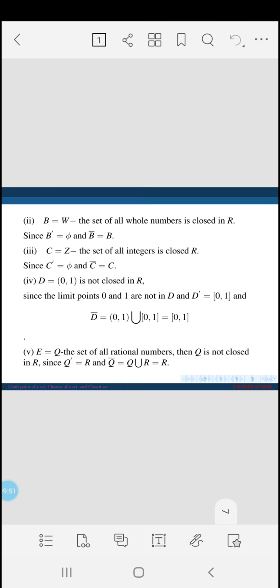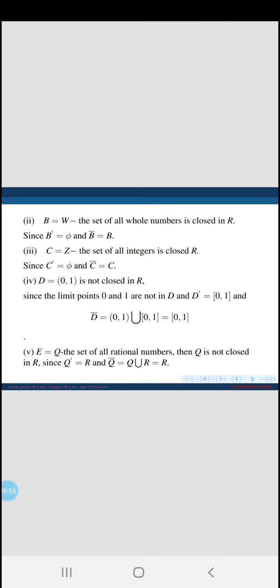Here we cannot find a neighborhood that does not intersect D in some point other than 0. Therefore, 0 is a limit point.